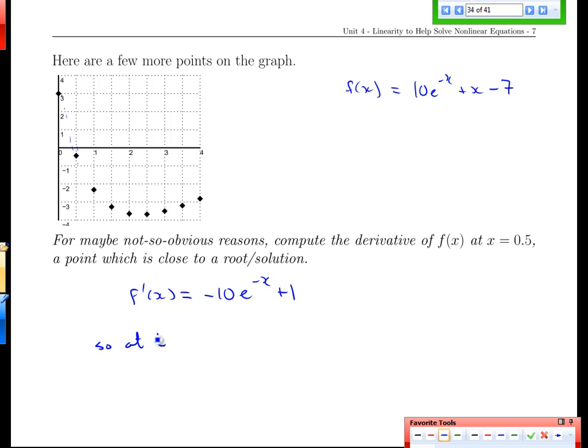And so at x equals 0.5, our derivative is going to equal, with a little bit of calculator work, around minus 5.07. And again, if we imagine the slope here, it's a half step, 2.5 is where we'd end up roughly. So that would be our tangent line approximation there. Okay.